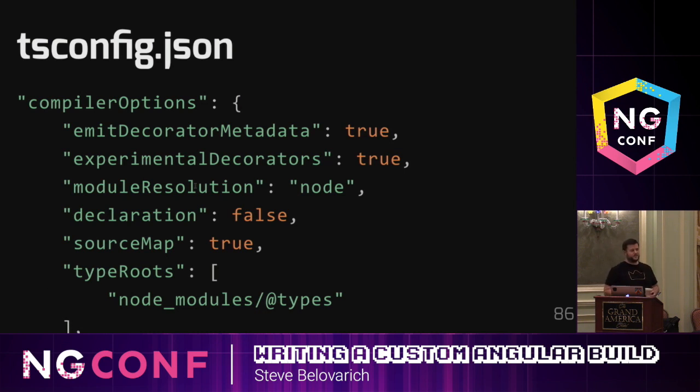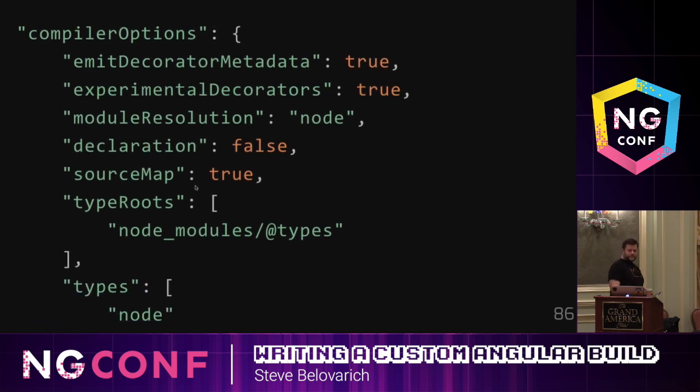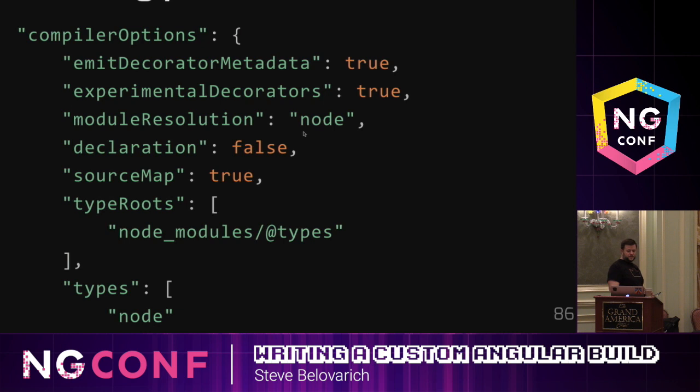Our project does have a tsconfig.json at its root. This is a best practice, most likely, because VS Code is going to require a tsconfig there, so it doesn't get all hung up about emitting decorator metadata and experimental decorators. We configure ngc to have a module resolution of node, so it looks in our node modules.